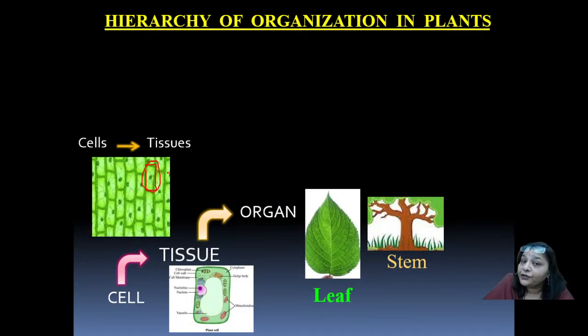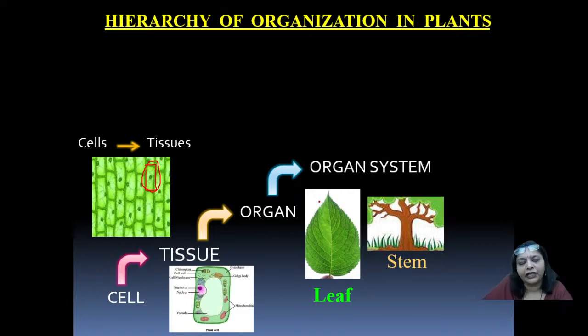Okay, if it is a tree, we call it the trunk and large branches. The organs called roots are also present, but they are of course not visible because they are found under the ground mostly. Okay, because there are exceptions to it also. Now these are various organs of the plant.